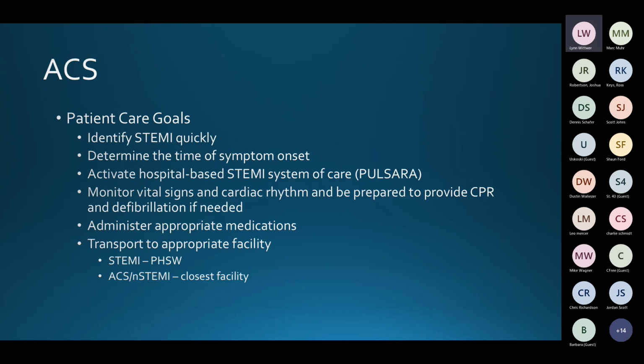Patient goals for ACS, for acute coronary syndrome, is to identify STEMI quickly, determine the time of symptom onset, activate the hospital STEMI system of care, monitor vital signs, cardiac rhythm, be prepared to provide CPR and defibrillation if needed, administer appropriate medications, transport to the appropriate facilities.